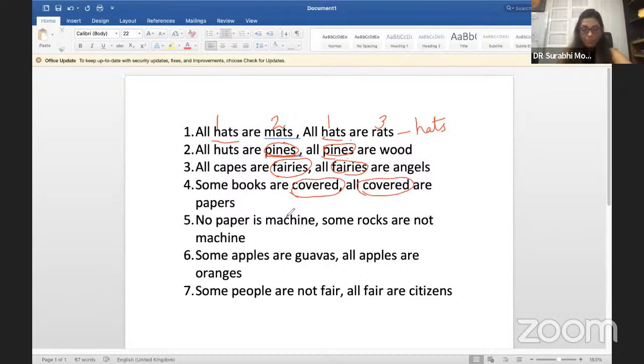Then number 5, the middle term over here is machine. And number 6, the middle term, that's right, is apples. And the middle term over here is fair. So we have marked the middle term here, everyone.